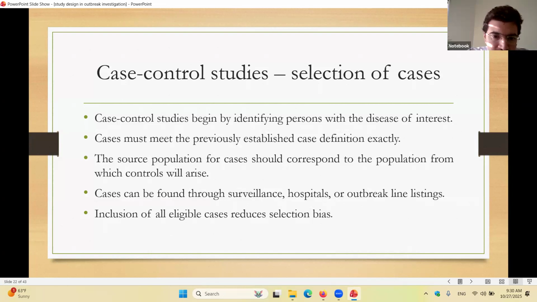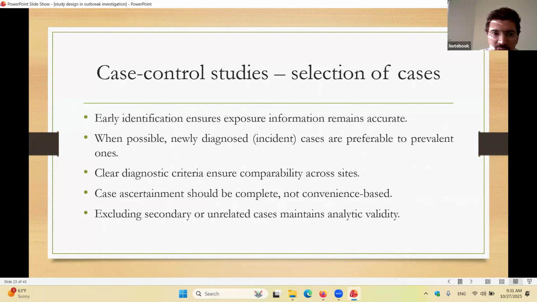Inclusion of all eligible cases reduces selection bias. For example, you have an outbreak investigation and totally, for example, you have 80 cases. If you choose all these 80 cases as cases of your case control study, you reduce selection bias. Early identification ensures exposure information remains accurate.